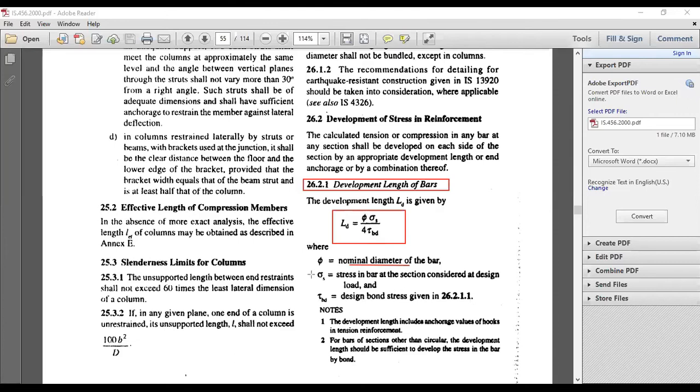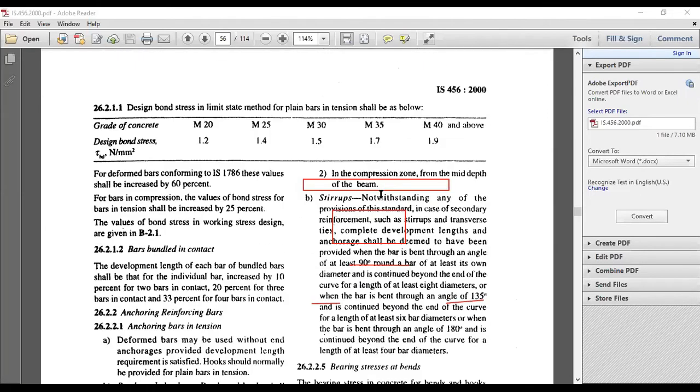So for this tau BD value, we need to look up the table in 26.2.1.1. So we will move to that table and see that here now. Just below that, that table is there.